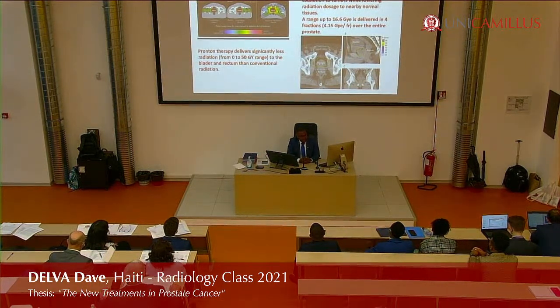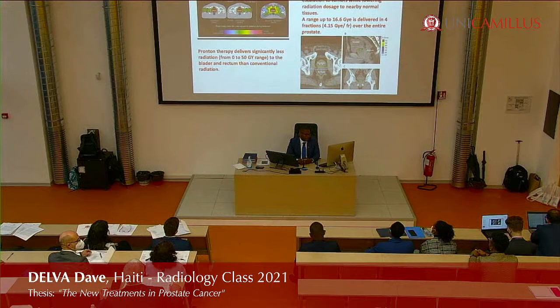The second treatment is the agent therapy. The agent therapy uses carbon ion therapy and also proton therapy instead of photon therapy. For the carbon ion therapy, in Italy there is the CNAO, il Centro Nazionale di Adroterapia Oncologica.